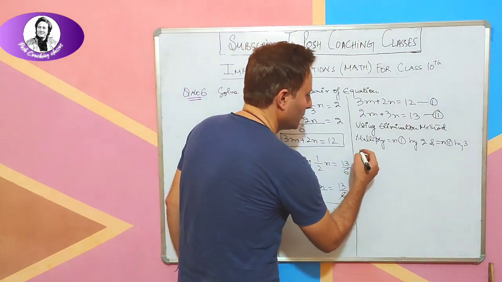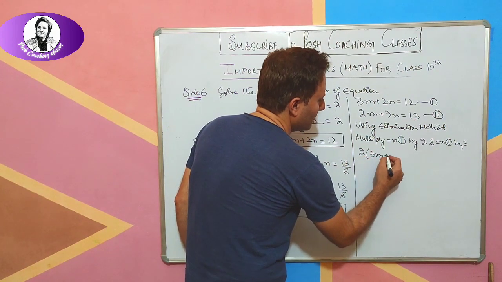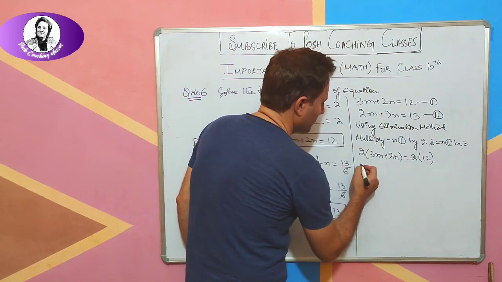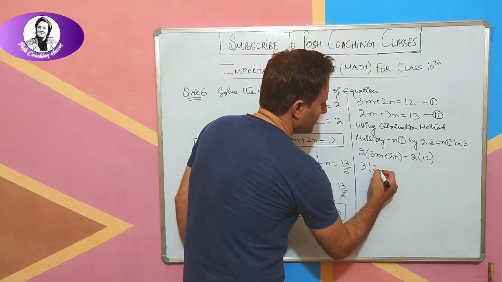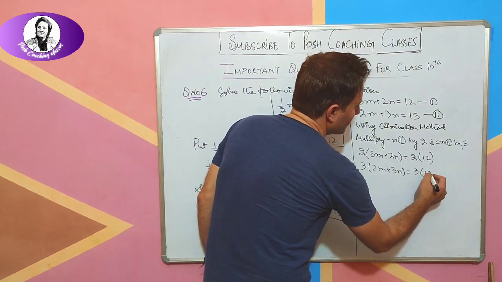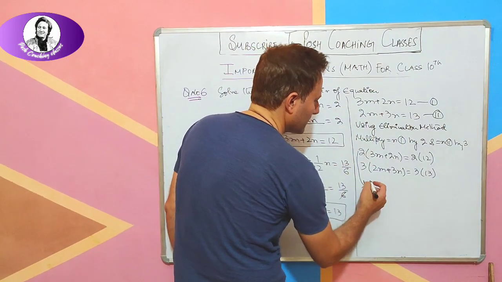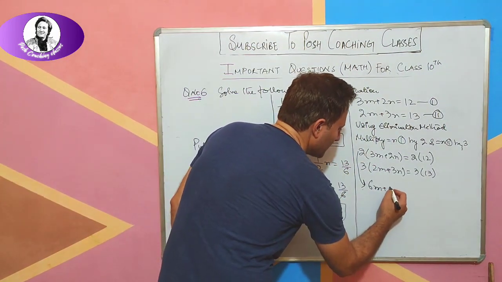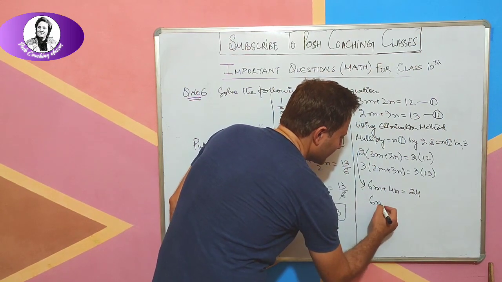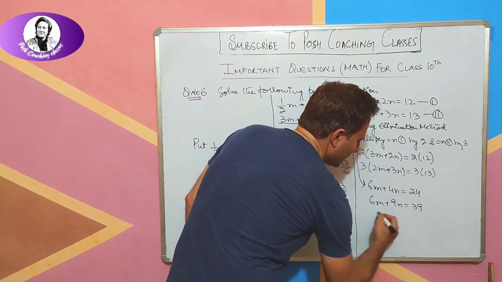So let's see how. So first equation with 2. So 2, 3m plus 2n is equal to 2, then I have 12. Then the other one is 3, 2m plus 3n is 13. Right? Now what this becomes? This becomes 6m plus 4n is equal to 24. Then I have 6m plus 9n is equal to 39.